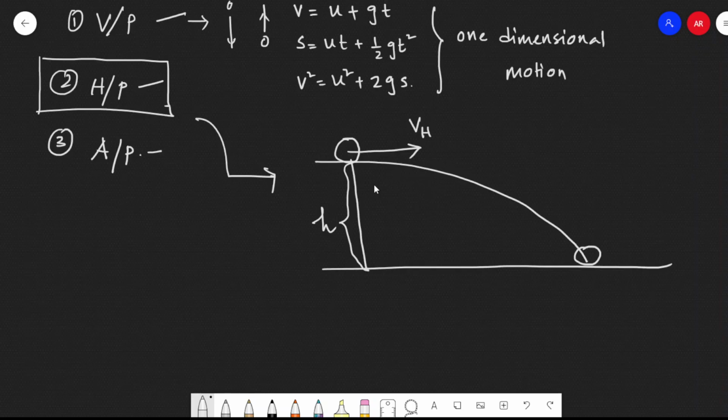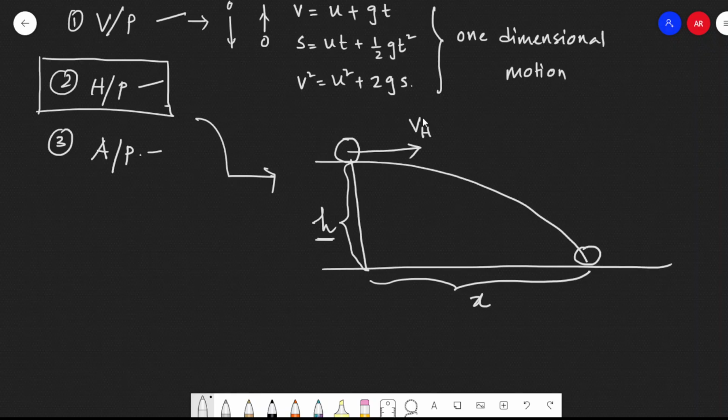The object is traveling both horizontally and vertically. It has a vertical displacement of h, and a horizontal displacement of say x. The object has both horizontal and vertical motion when projected horizontally, because we cannot cease the gravity.